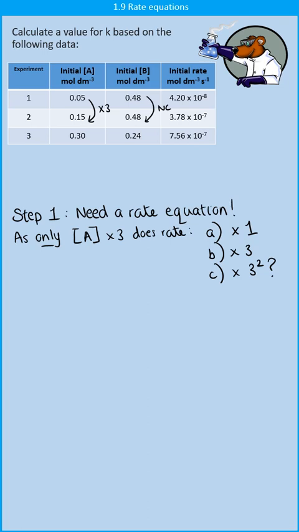If we quadruple the concentration, then the rate will quadruple. Or is the rate increasing by a factor of 9? Because if it's second order with respect to A, then as we double the concentration, we quadruple the rate, and as we triple the concentration, we increase the rate by a factor of 9. So here it's the last option, and therefore the reaction is second order with respect to A.